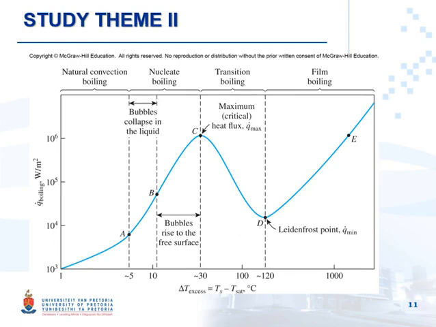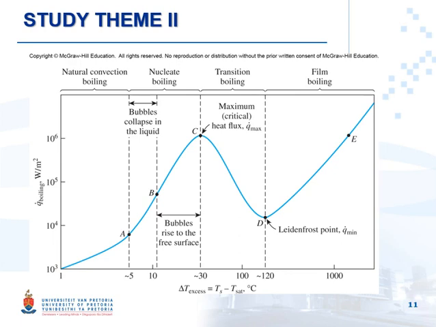Liquid starts to boil when it reaches the saturation temperature at a given pressure. But in practice, the bubble formation on the heating surface starts when the liquid is heated a few degrees above the saturation temperature.